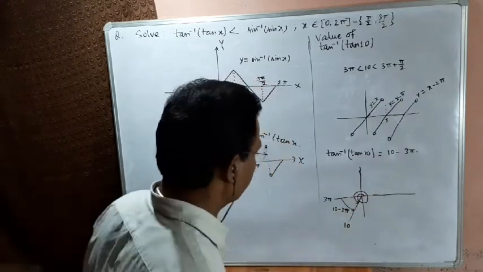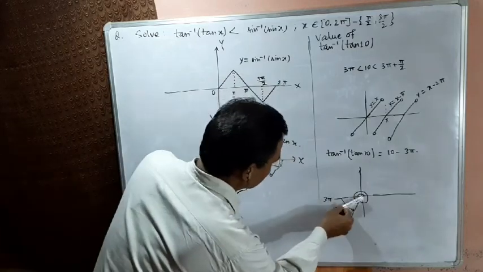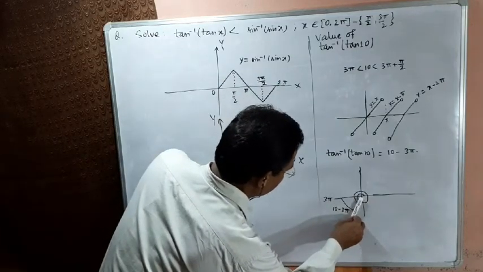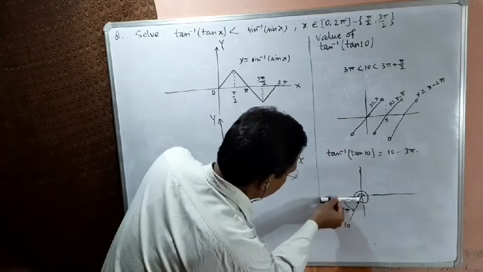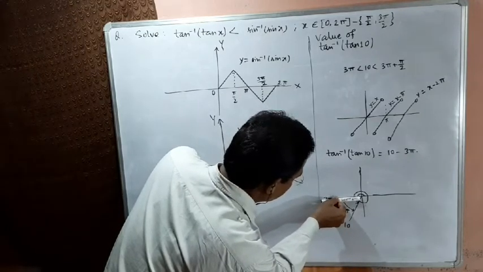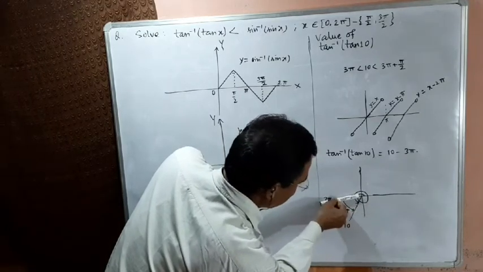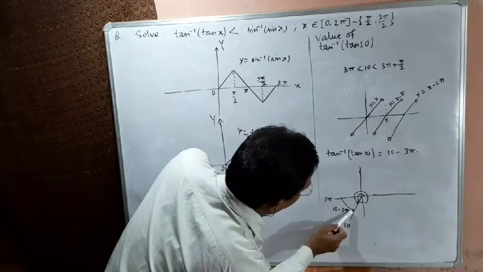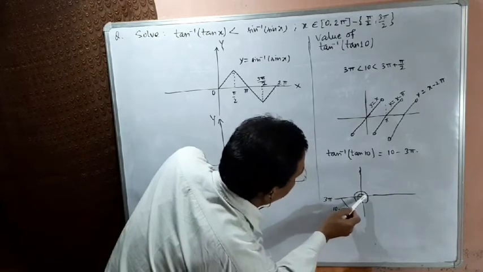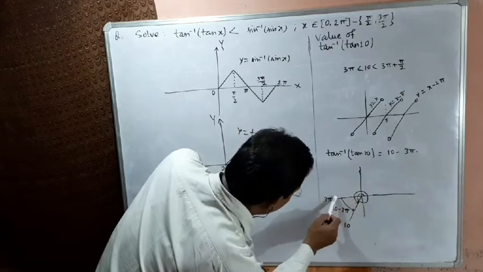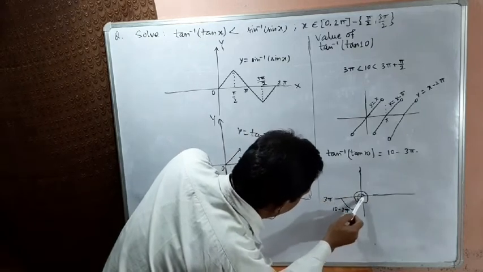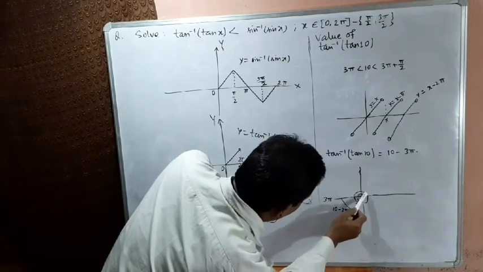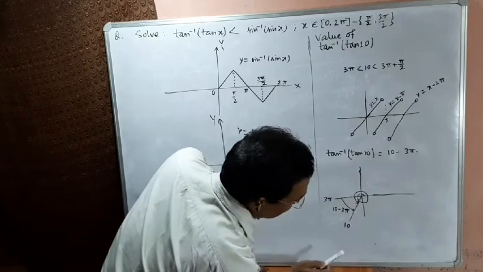For this, after 3 pi, this angle 10 exceeds by this angle. If we try to find this angle, what will it be? Up to here, this is 3 pi, and again up to here, this is 10.